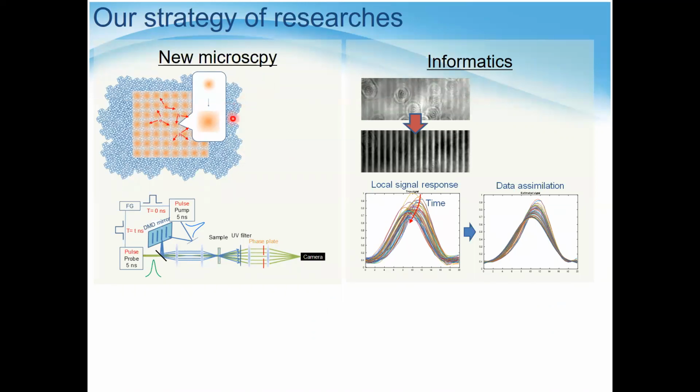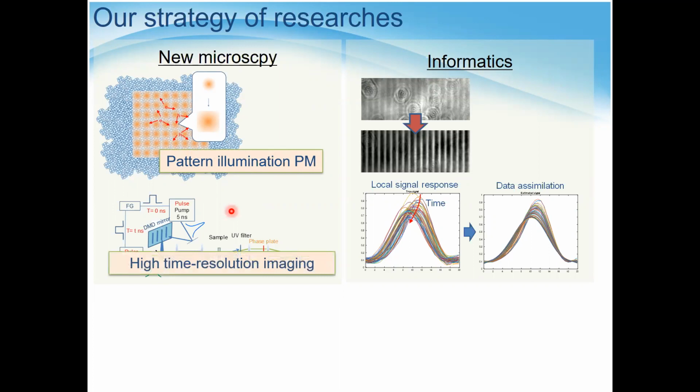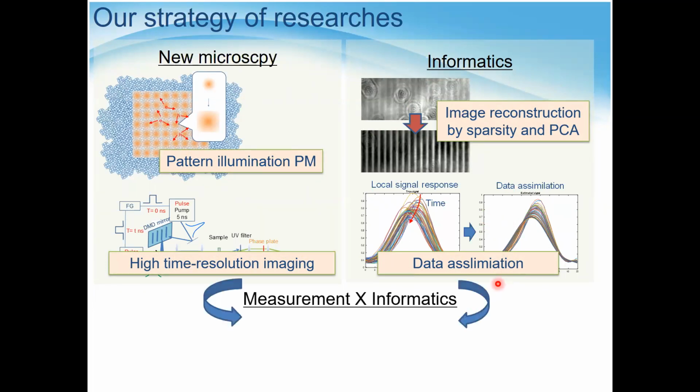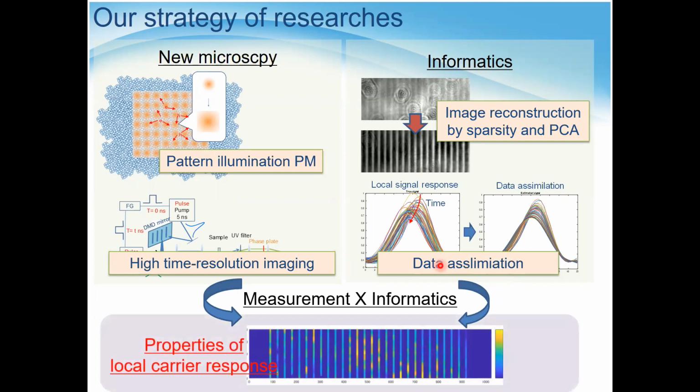We've developed a new microscope using the pattern illumination phase microscope, and improved it with a high time resolution imaging, and also using various informatics techniques like image reconstruction by the sparsity and also the PCA, and the data assimilation utilized for the physical property estimation. And by combining the measurement and the informatics, we can obtain the local carrier mapping method.